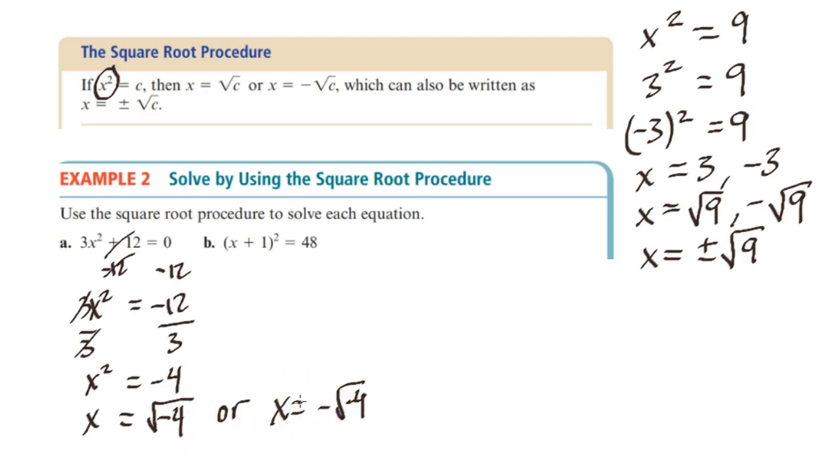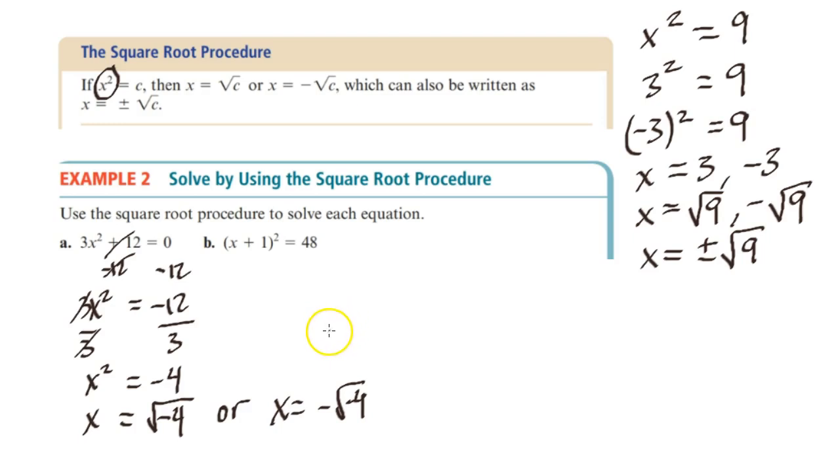Now, if we were going to continue with this problem, we still have a little bit of work to do here. We're not done yet because we can simplify the square root of negative 4 a bit.